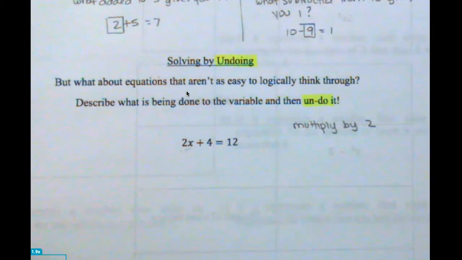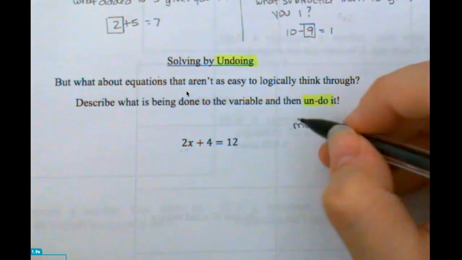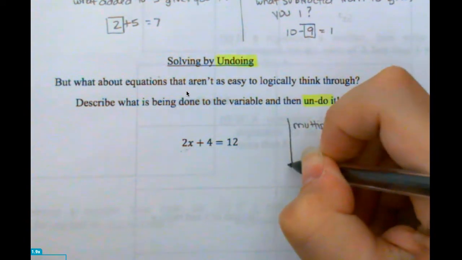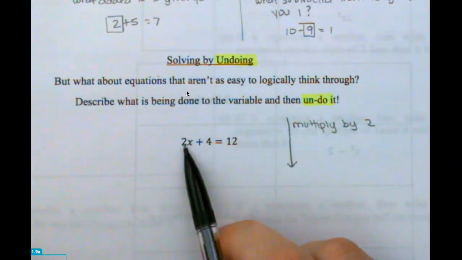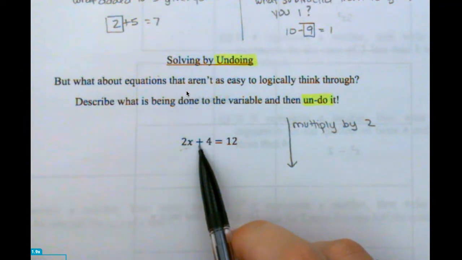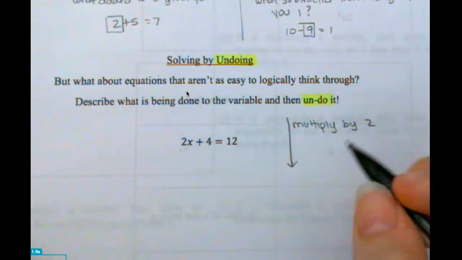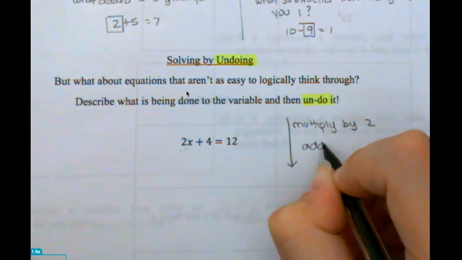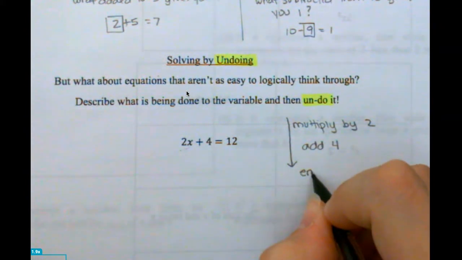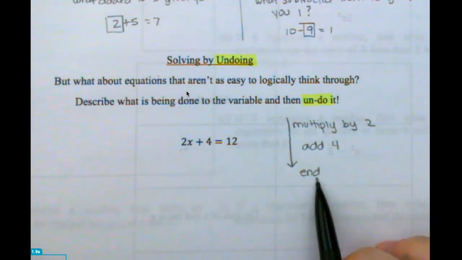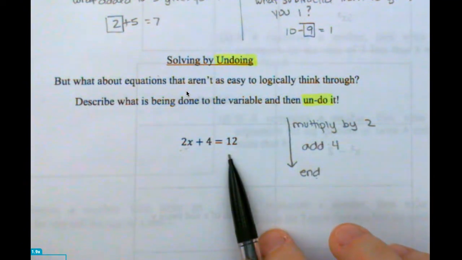I'm drawing an arrow because that's the first thing that happens. What's the next thing that happens? After I multiply by 2, then in this equation we're adding 4. And that's the end of my equation. So I multiplied by 2, added 4, and I got to the end result of 12.